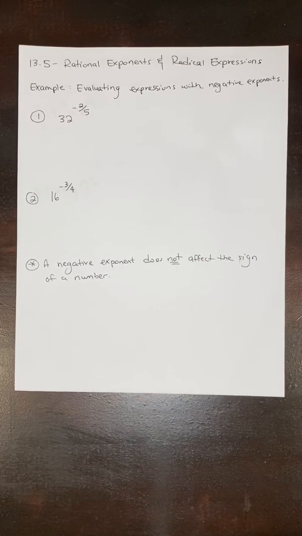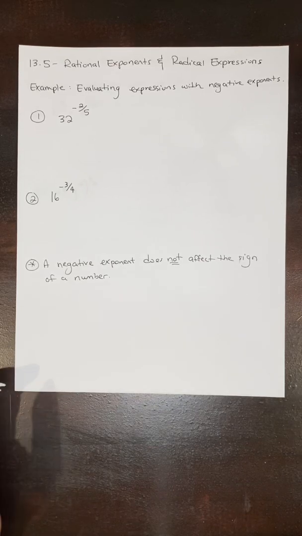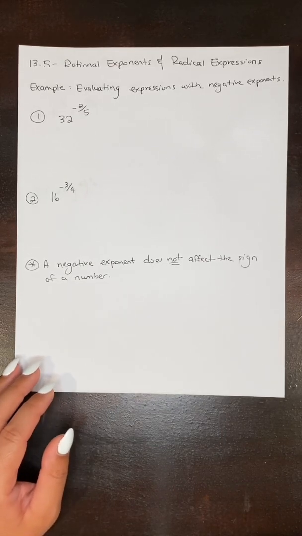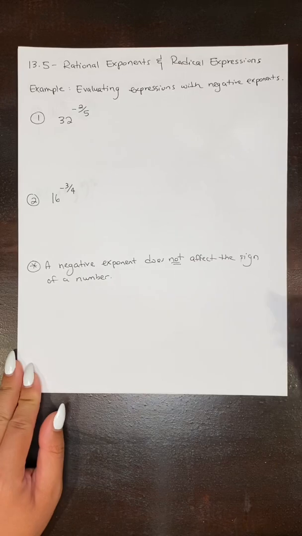So what happens when we have an expression with a negative exponent? Here we have 32 to the negative 2/5 power. We can rewrite this as 32 to the 5th power and apply the negative 2/5 power to that.